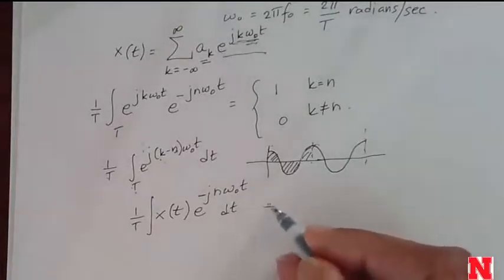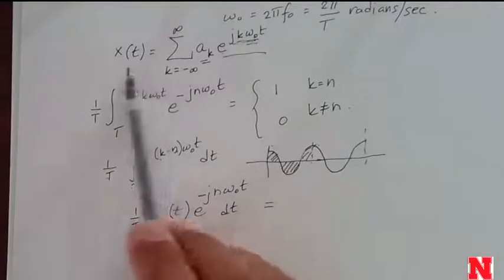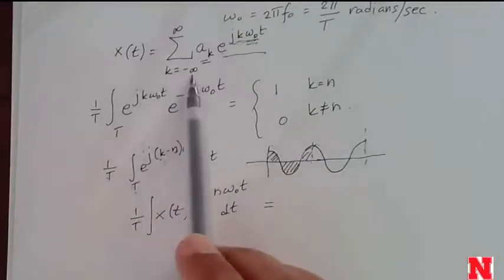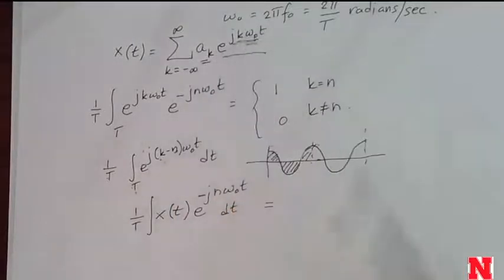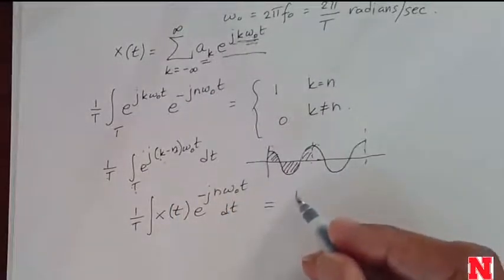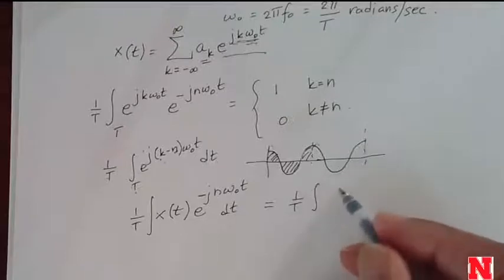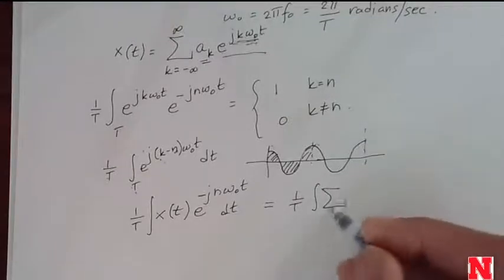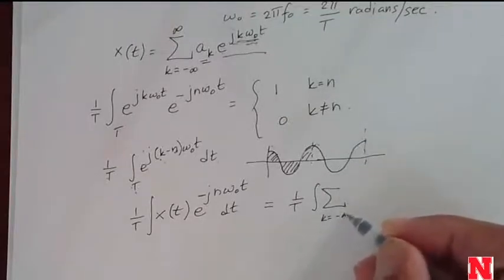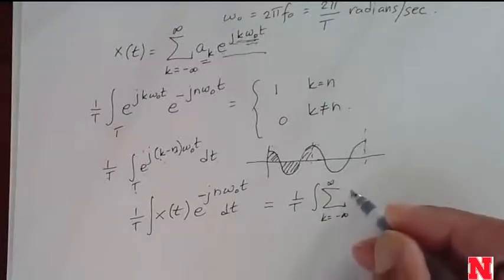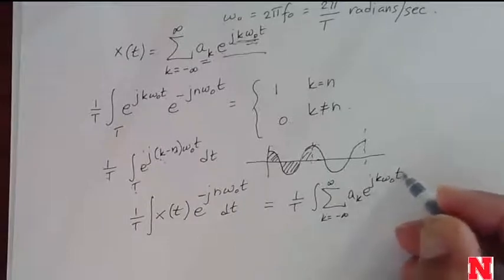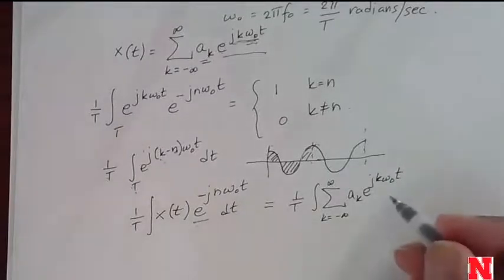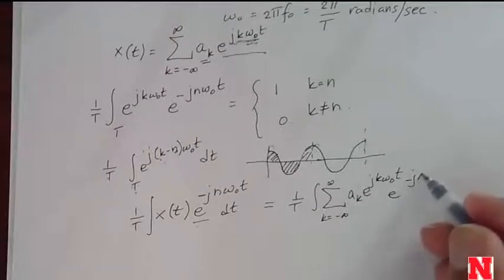Okay, so then this is equal to, remember what x of t was. X of t was summation k equals minus infinity to infinity, a sub k e to the j k omega naught t. So this is going to be 1 over T integral, and I'll put in the definition of x. So that's k equals minus infinity to infinity, a sub k e to the j k omega naught t, and then I have e to the minus j n omega naught t dt.